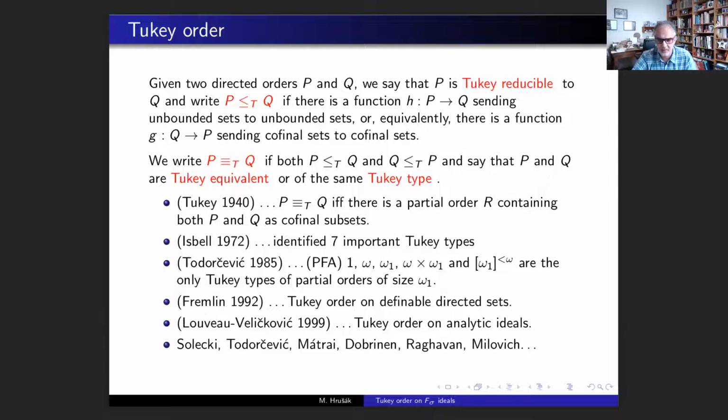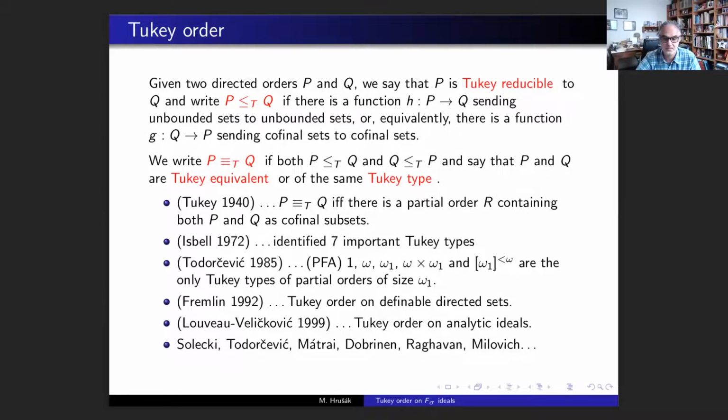So PFA implies that the only Tukey types are 1, omega, omega 1, omega cross omega 1, and finite subsets of omega 1.